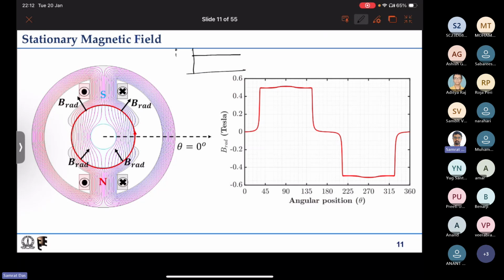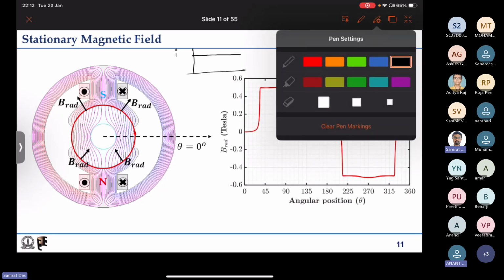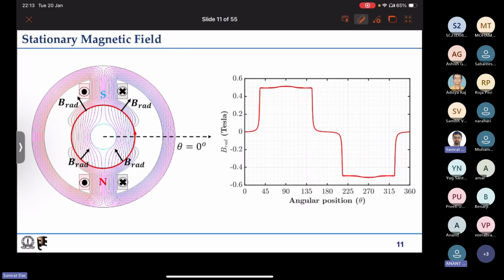I just want to know that when you are exciting with constant DC current, the stator flux plot should be constant, like the Tesla magnetic density should be constant throughout the period. But you are trying to reverse the current, DC current, to plot this.